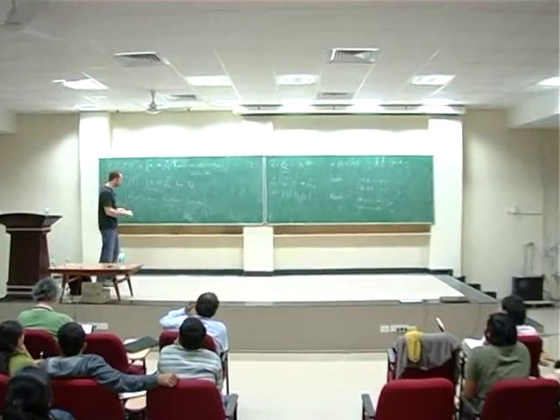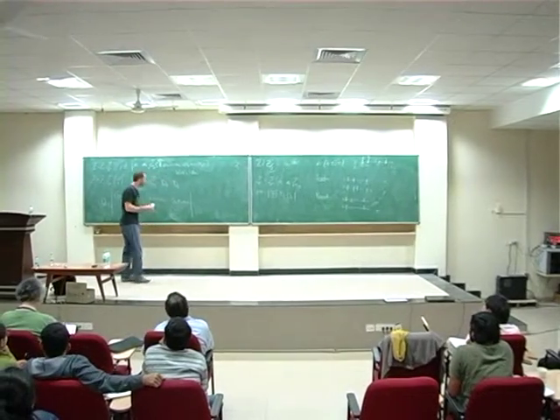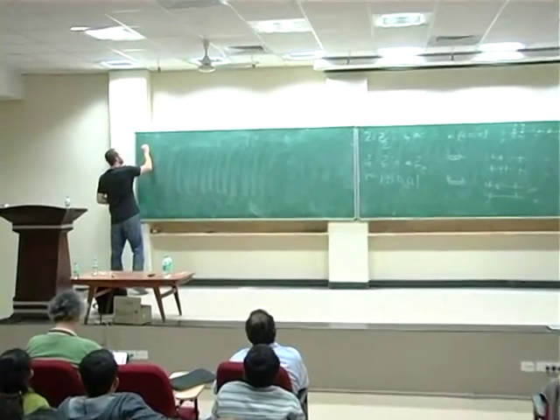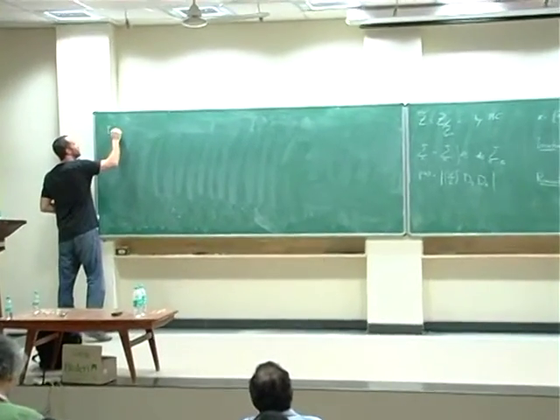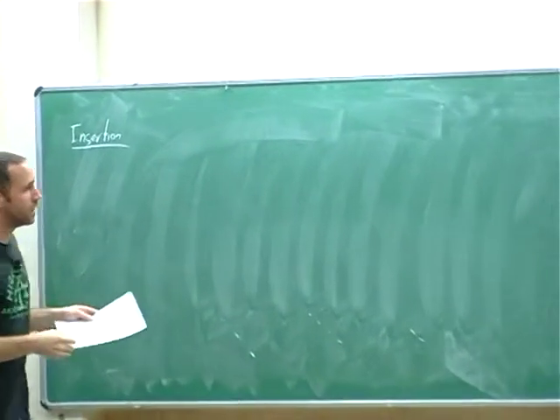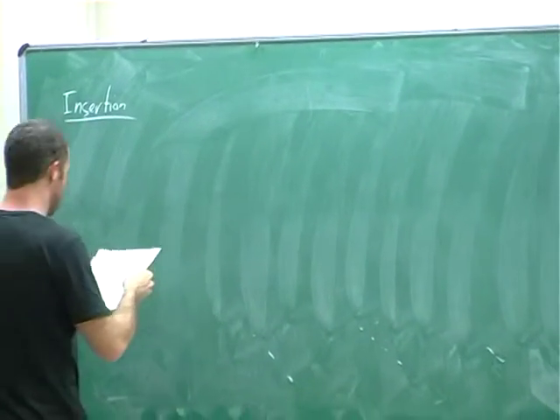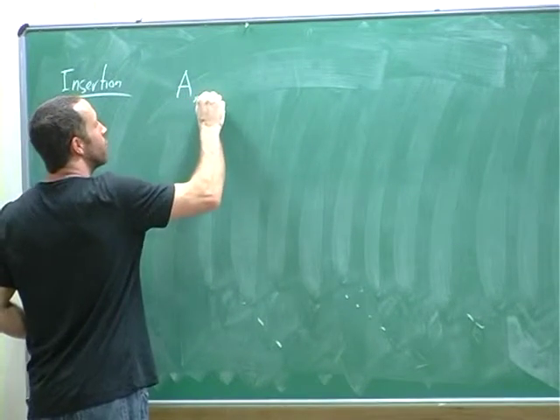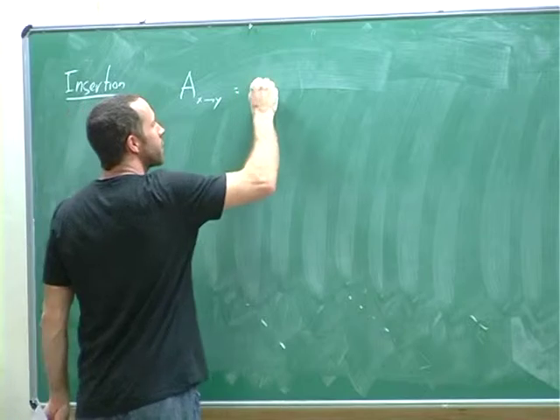So I'm not going to do this in detail, but I'll still write it down. For the insertion, basically what you have to compute is the acceptance rate to go from some x to some y.